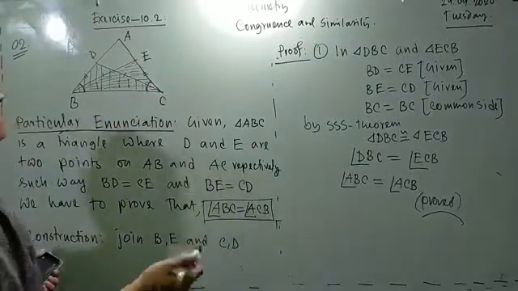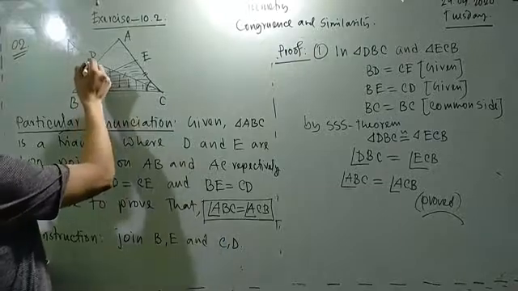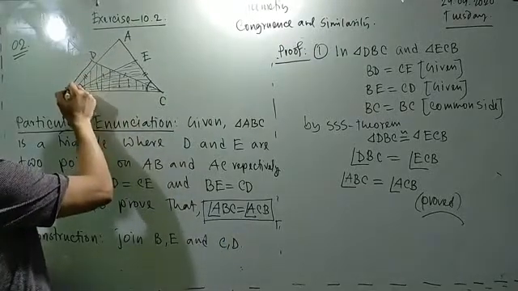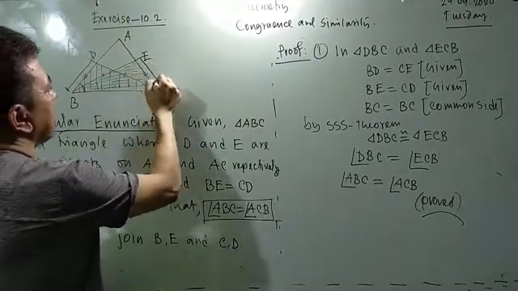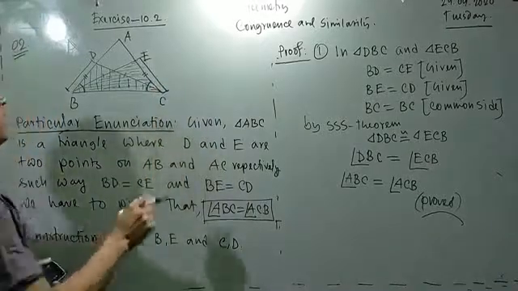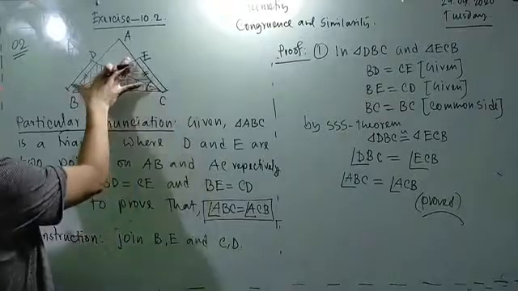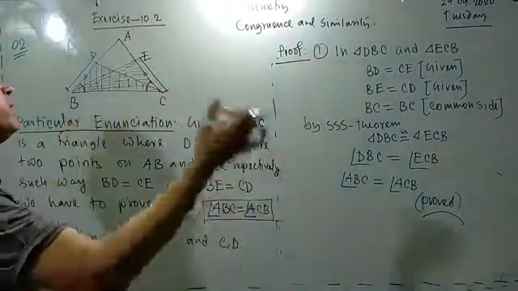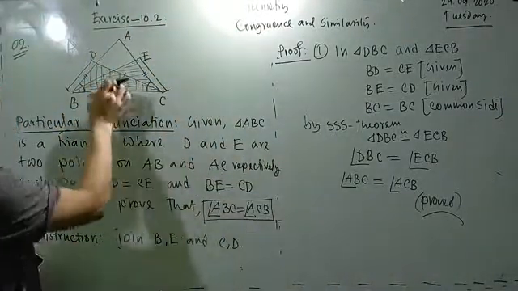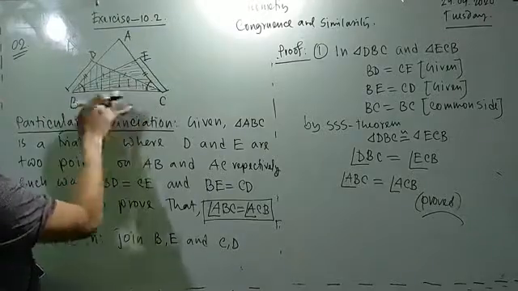But given in the question, this side equals this side, and this side is the same. This side and this side are the same as given, and this side is also the same as given, and both triangles have a common side, BC, the base.